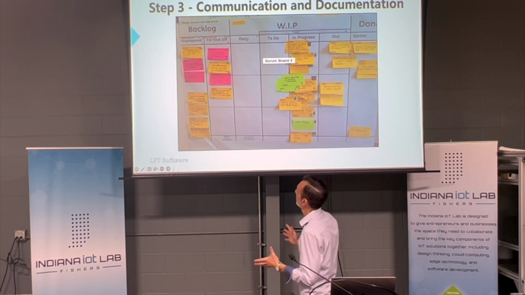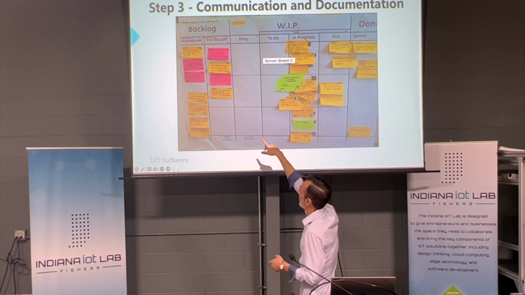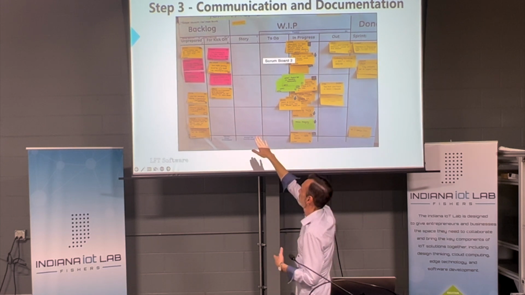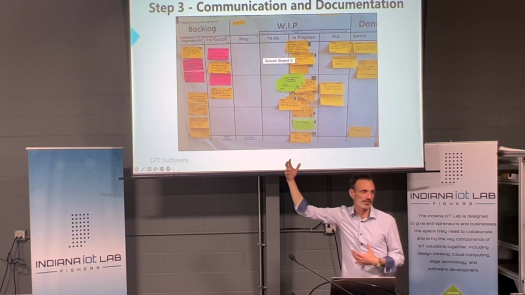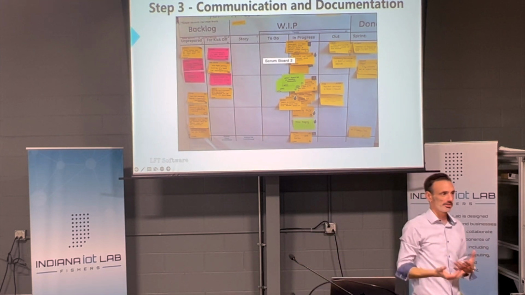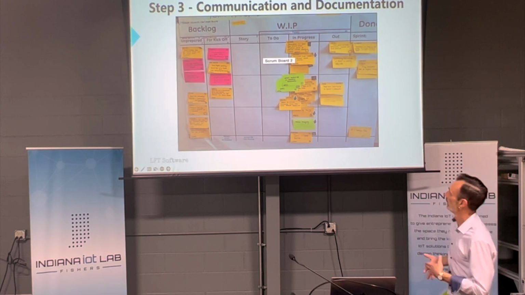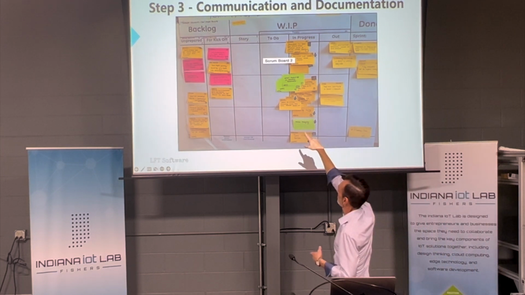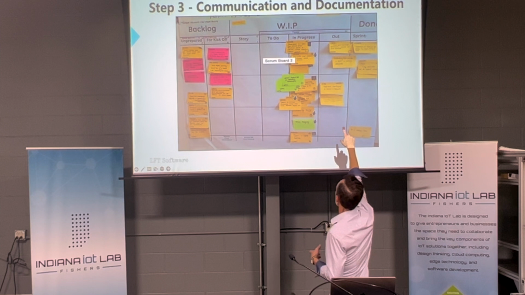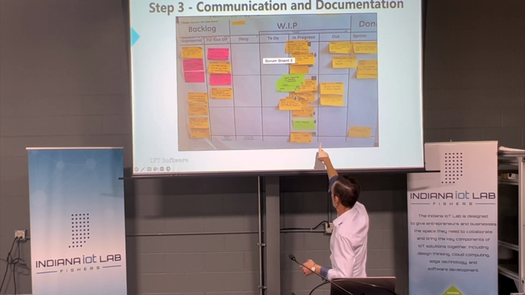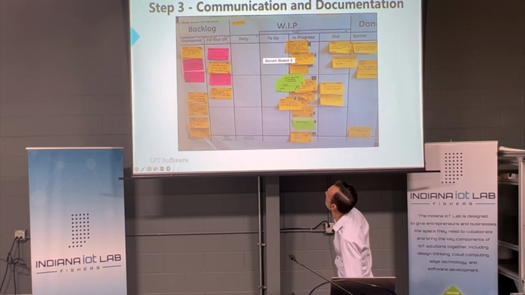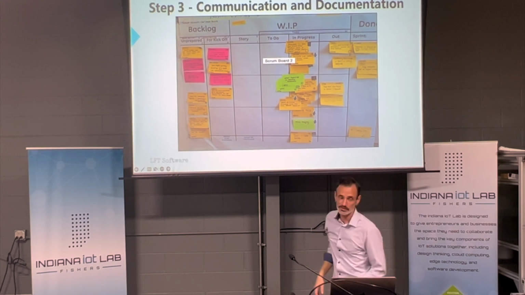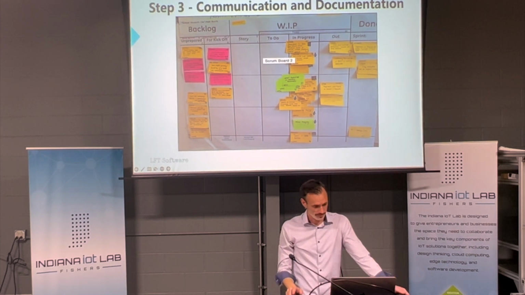I'm guessing here, but the yellow, we have an idea or a story. It's unprepared. You have typically a product owner or somebody who's going to break that down, understand what's to be done, and then move it to a story to do, in progress, then done. This is crazy. They have too much work in progress. Yeah, these are very common in Agile as a way to track work.